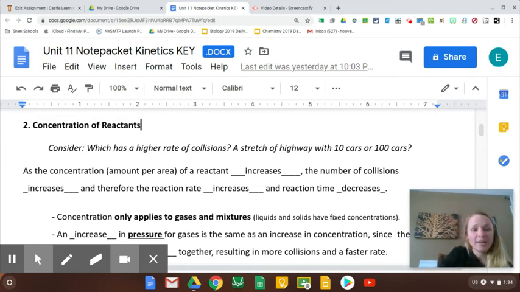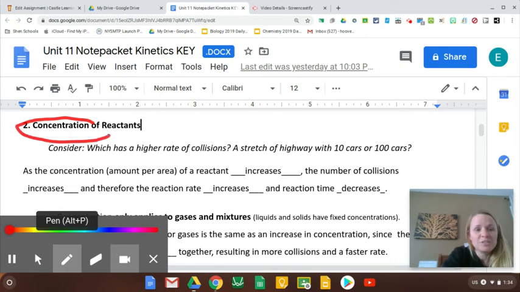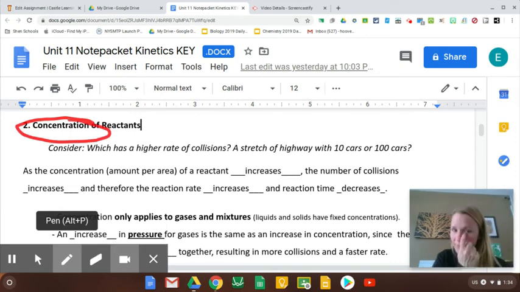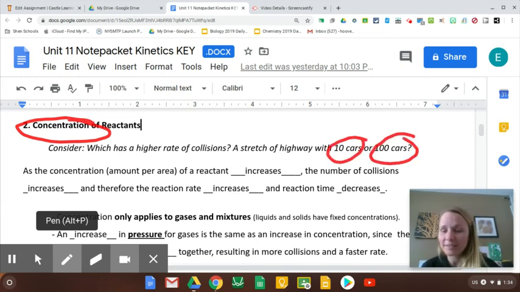All right, so concentration is one thing. Anything where there's just more stuff in there is going to be a faster reaction rate. So like here we said, when are you more likely to see an accident? When the Northway is not very crowded with 10 cars, or when there's 100 cars packed between exit 9 and 10? Okay, you're just more likely to bump when there's more particles.